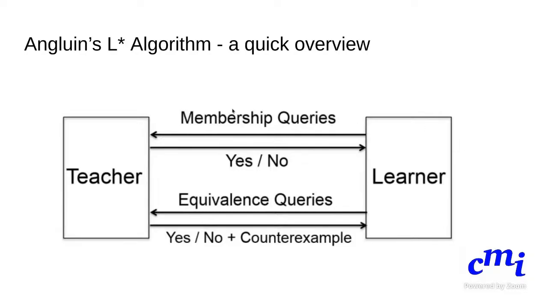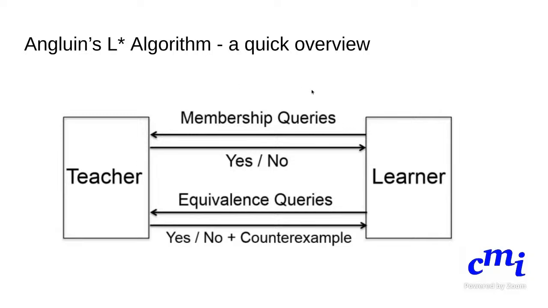The learner aims to learn the DFA that is unknown to the learner but known to the teacher, and the learner can ask two types of questions to the teacher, which we discussed in the previous conversation.